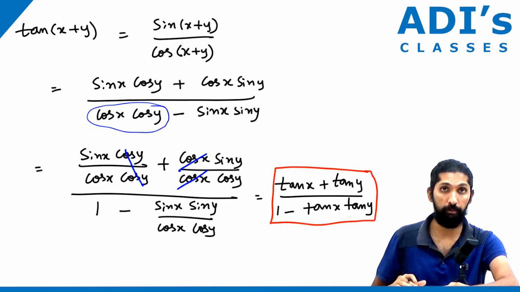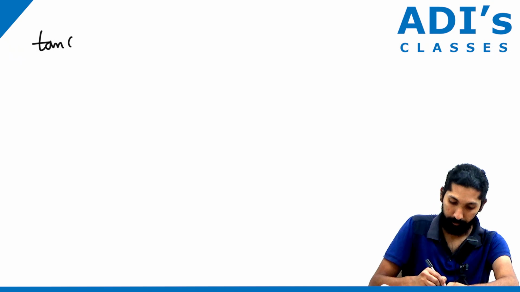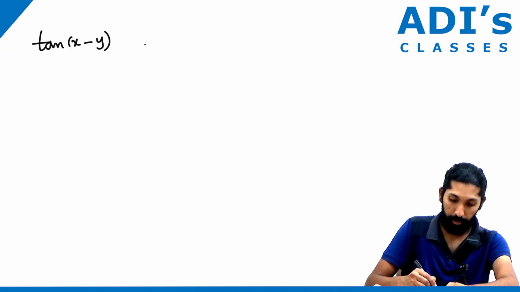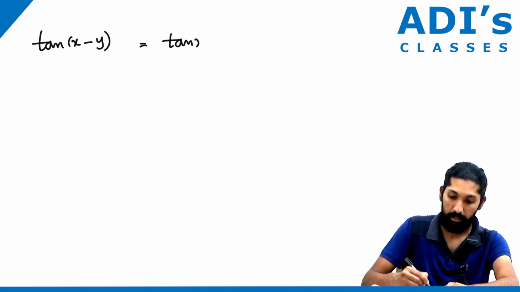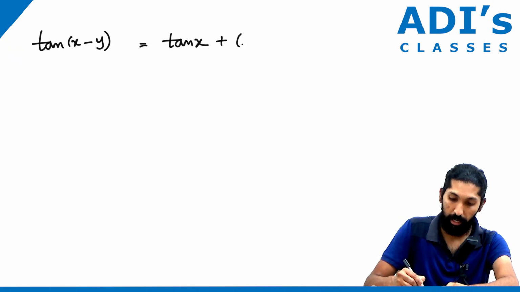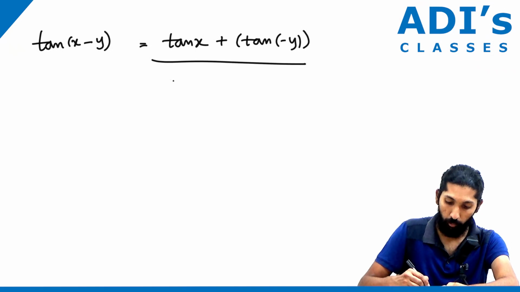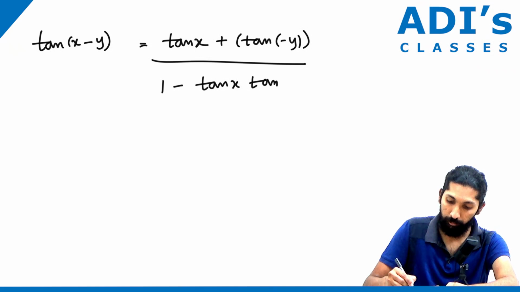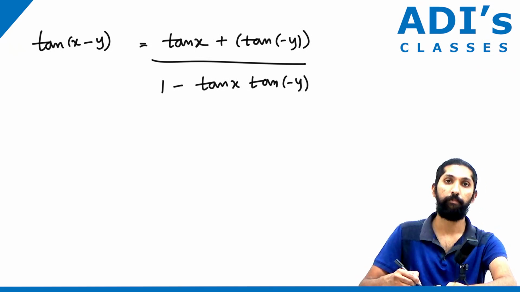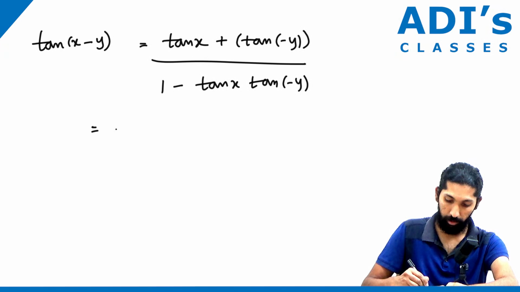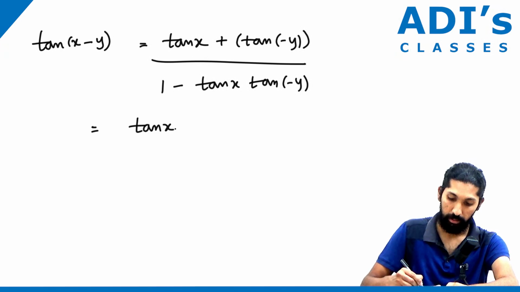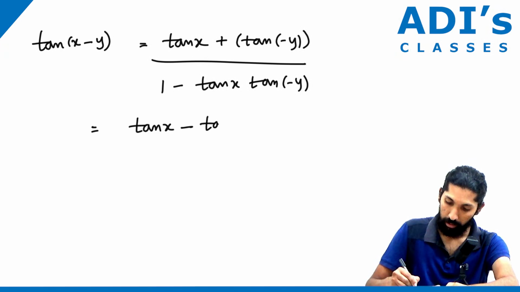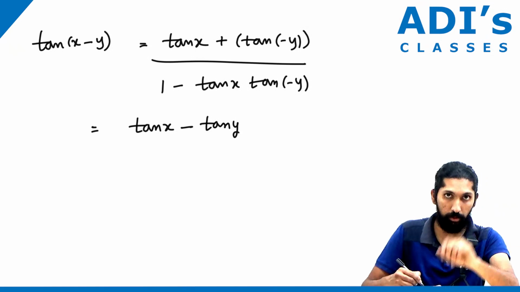So we'll do the derivation now. Tan of x minus y is going to become tan x plus tan of minus y divided by 1 minus tan x into tan of minus y. This is going to become tan x minus tan y, plus of minus.